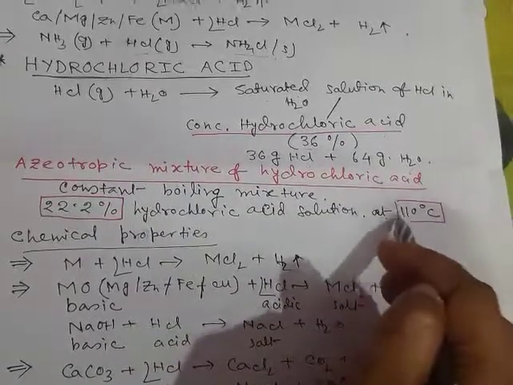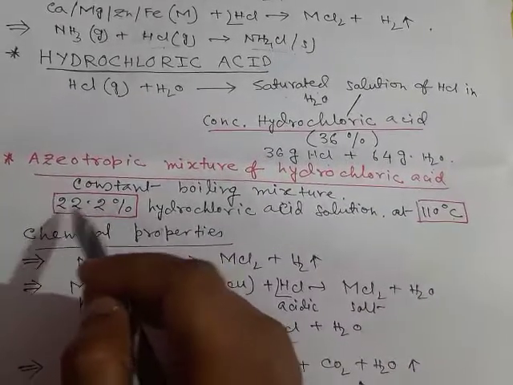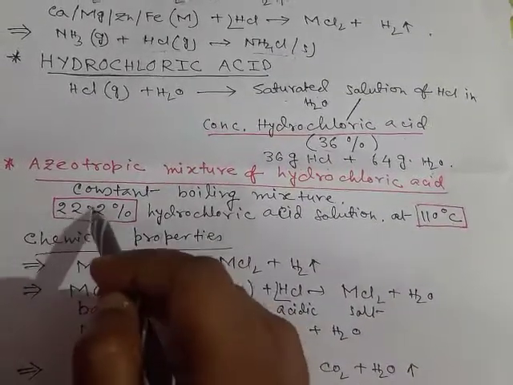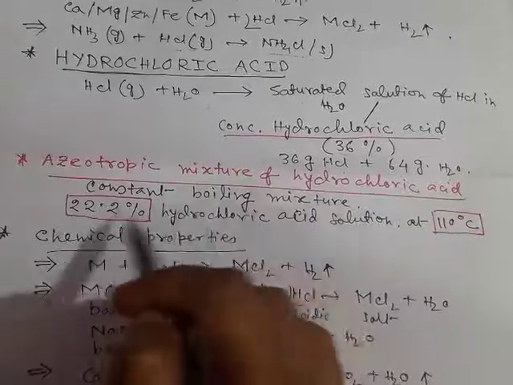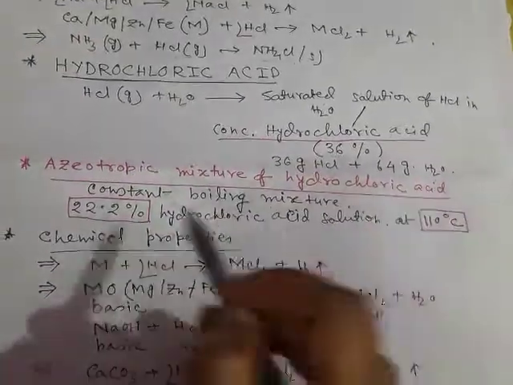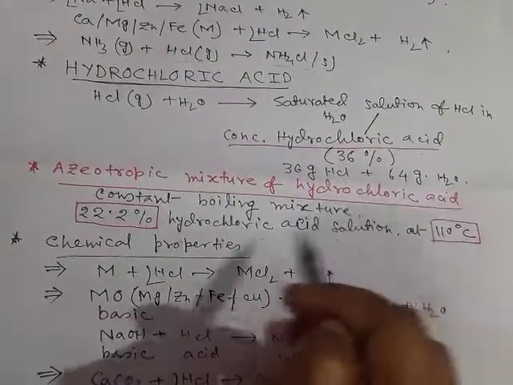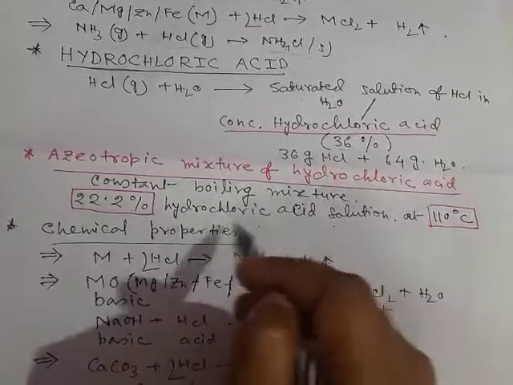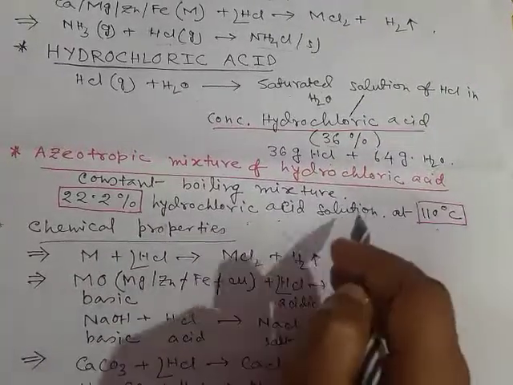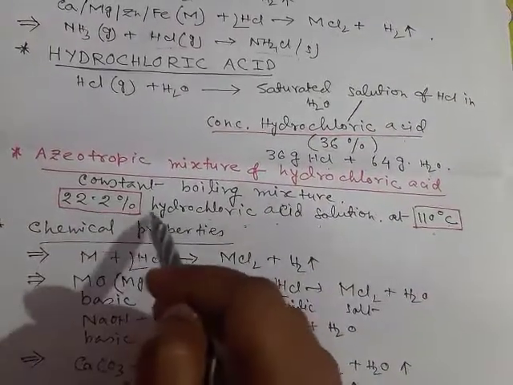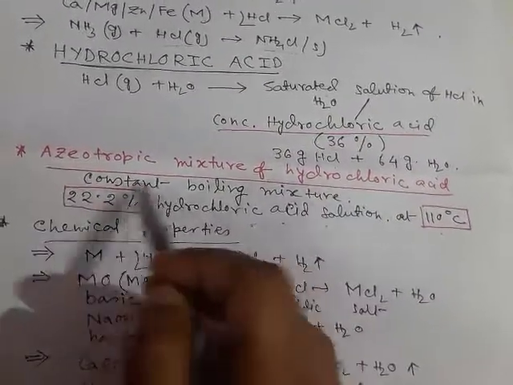Then at a certain temperature, at 110 degrees, the hydrochloric acid solution has a concentration of 22.2% by mass, that is 22.2 gram hydrochloric acid and the rest water. When this stage arises, on boiling there will be no change in the composition of the hydrochloric acid; the composition remains the same.